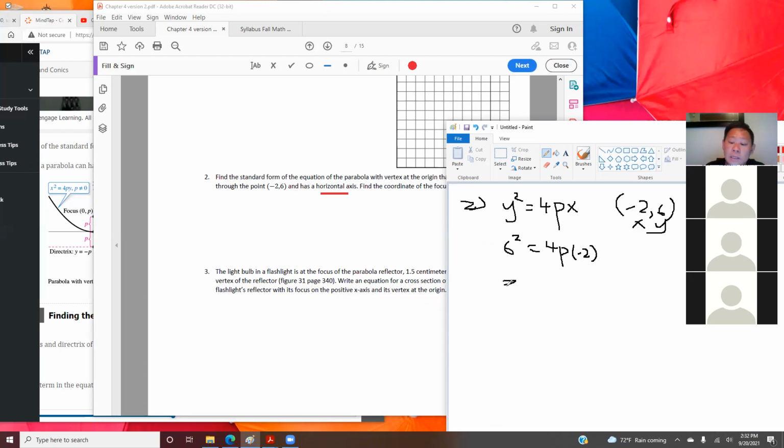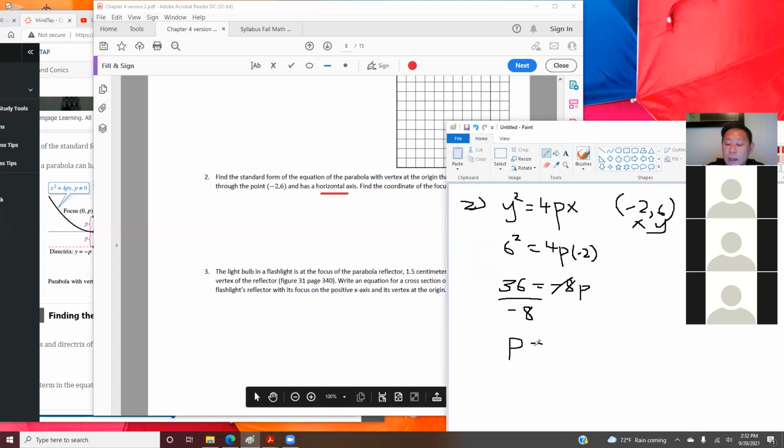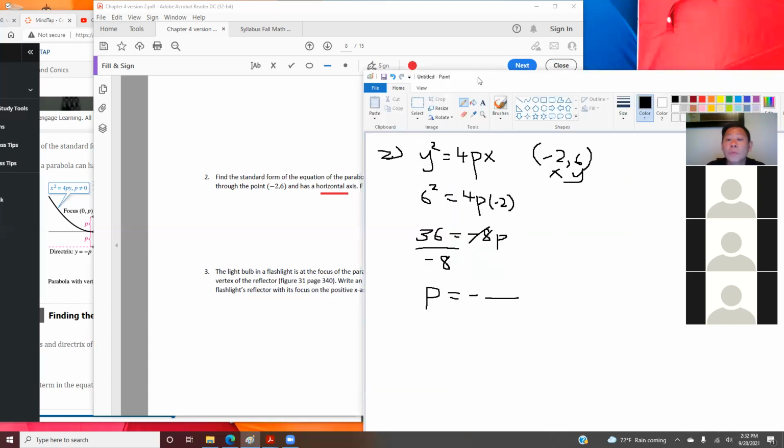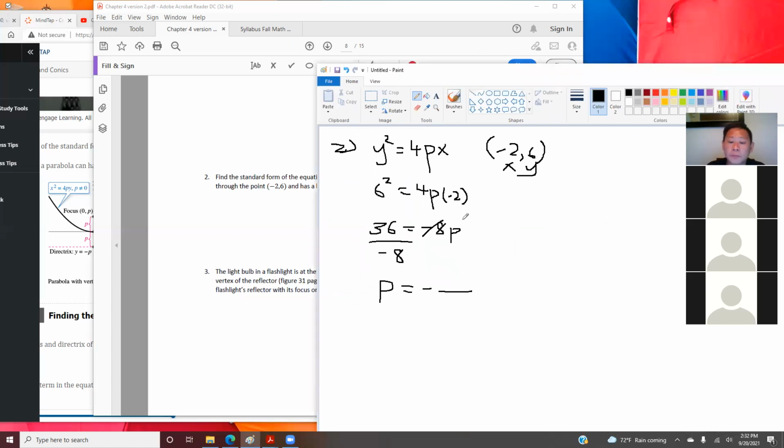So 6 squared is 36, right? This is negative 8p. Divide both sides by negative 8. So p in this case is what? Anyone got a calculator to help me reduce this? Anyone? 9 over 2, right?